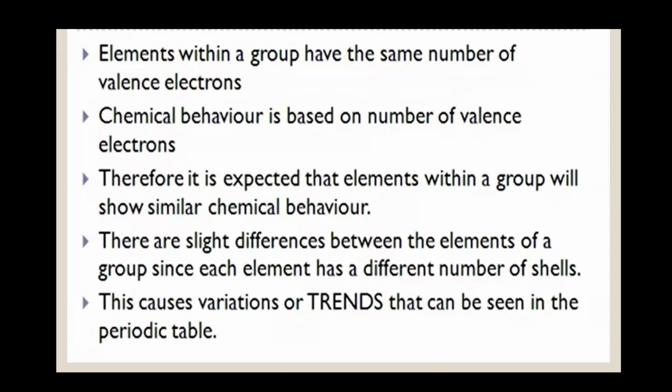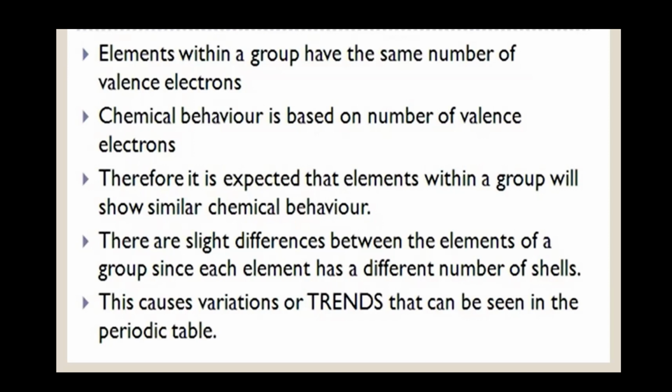As known from the periodic table, elements within the same group have the same number of valence electrons. For example, all elements in group 1 have only one electron at the valence shell, the outermost shell. All the elements in group 2 have 2 electrons at the outermost shell. Group 3 has 3 electrons.